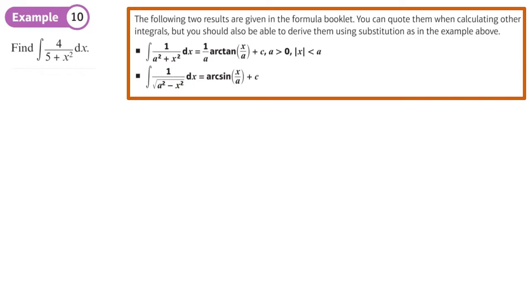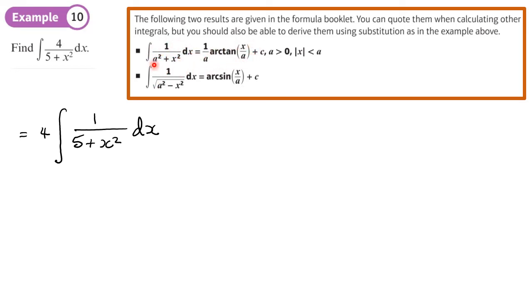So the first thing we're going to do is take the constant over. That should normally be your first step, like this. And then because we're using one of these two results, we just want to see which one it matches up with. Well, it matches up with this one, doesn't it?